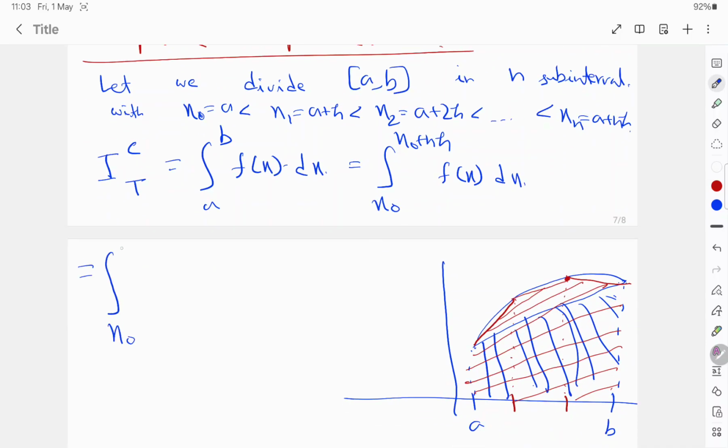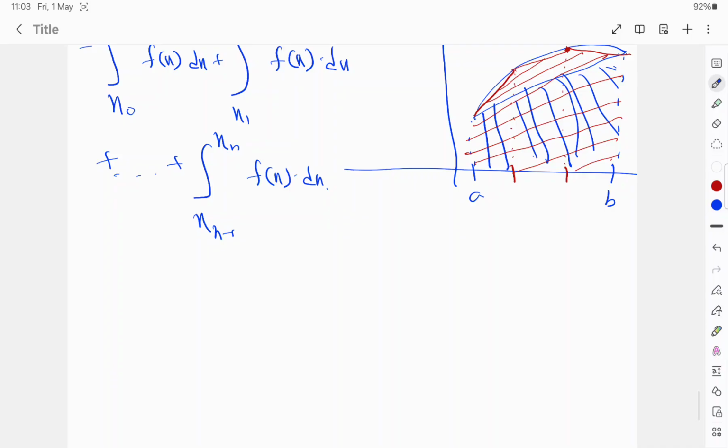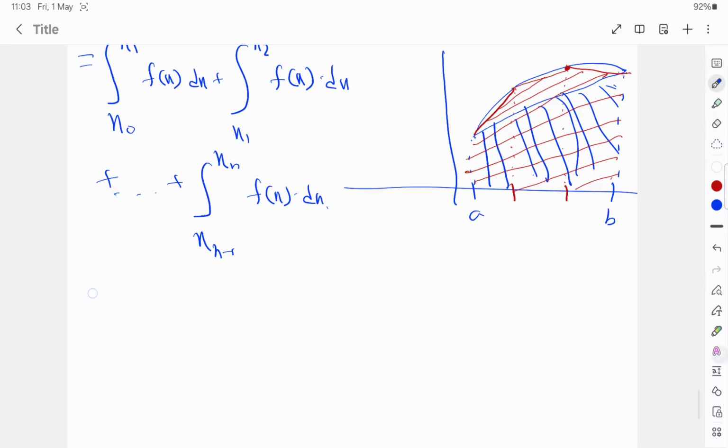So this will be written as the integral x0 to x1 of f of x dx plus x1 to x2 of f x dx plus, up to, xn minus 1 to xn of f x dx. So for the first one, you know what you will get: h by 2 into f of x0 plus f of x1.